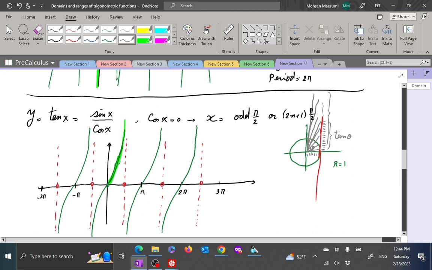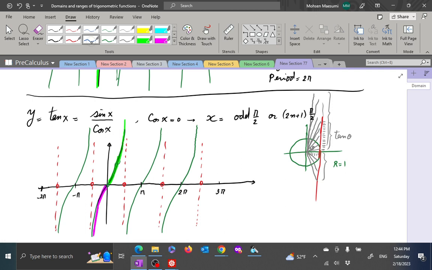And moreover, if you are at a negative angle, this tangent is going to be negative, and that's why for negative angles we go all the way down like this. And the picture repeats itself every pi.